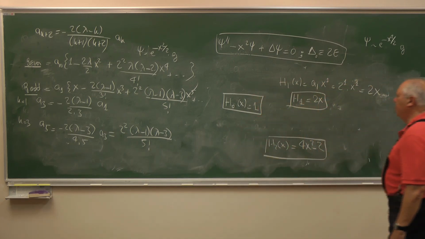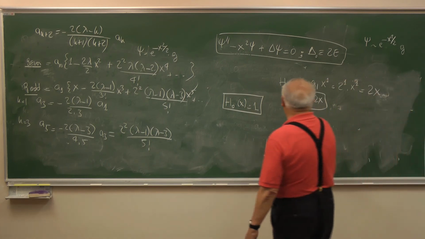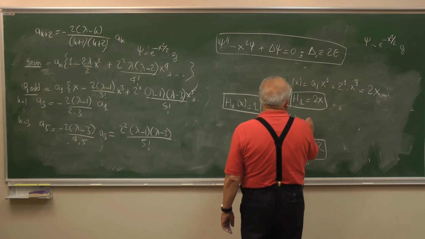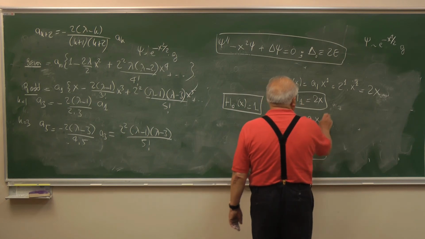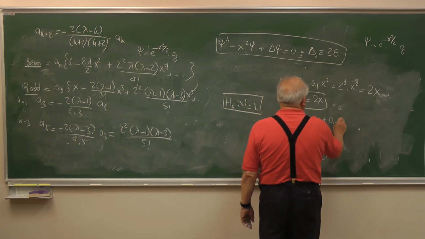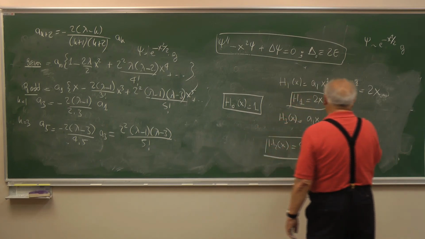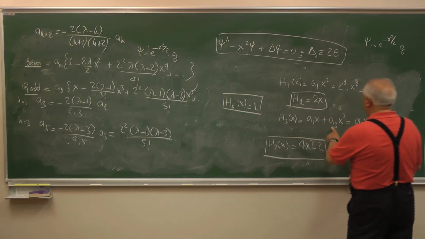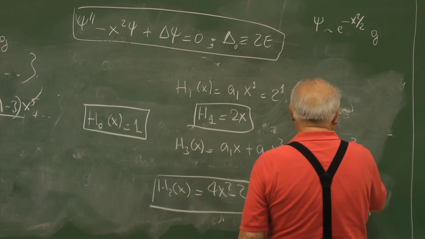All right, let's do one more. H3 of x is equal to a1 x plus a3 x cubed, which is a1 x plus, this is 2 to the cube, which is 8x cubed.